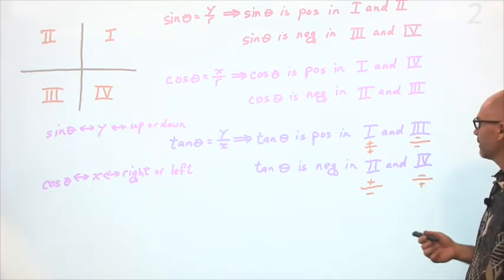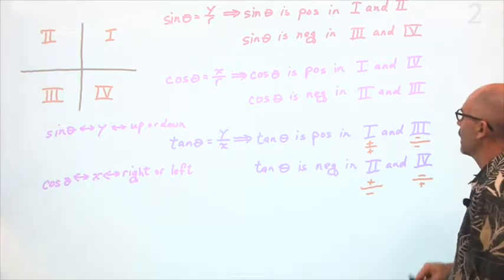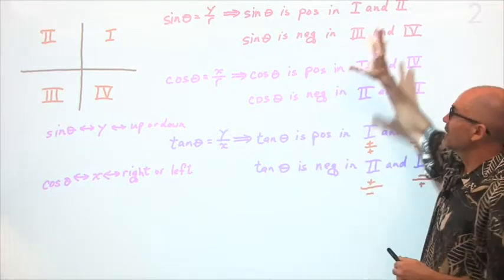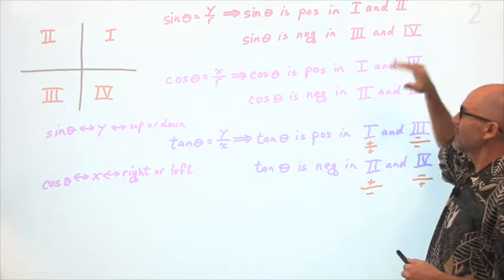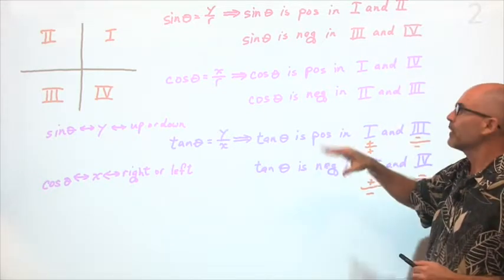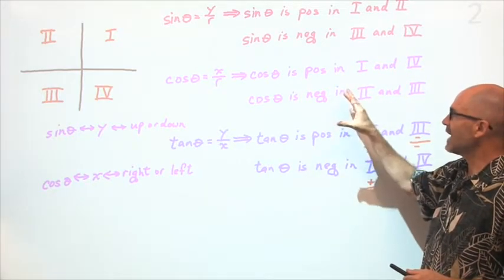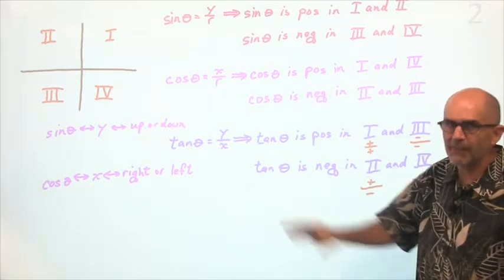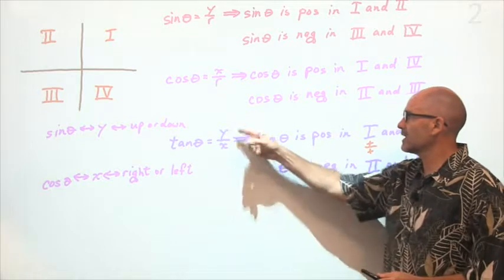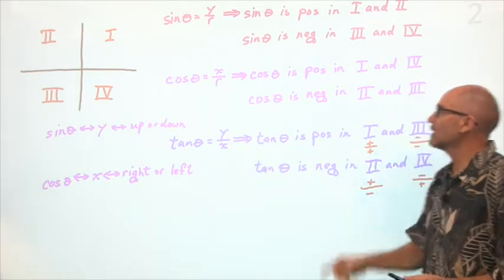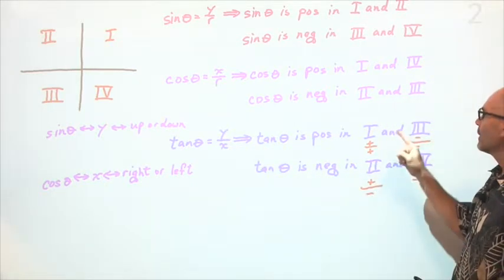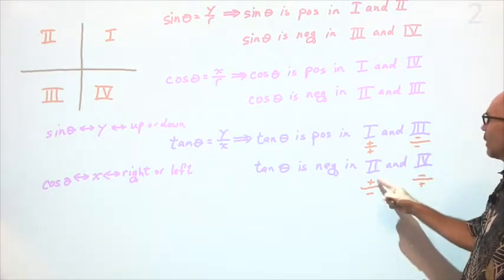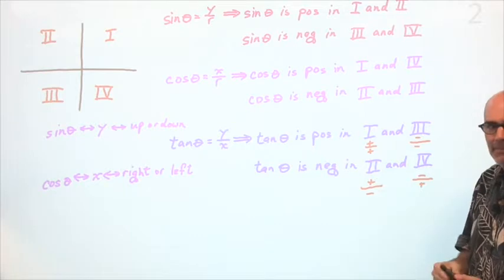Okay, so remember, the sine function is linked to y, so sine's positive up, negative down. Cosine is linked to x, so cosine is positive right, negative left, and tangent is linked to both x and y, so it's positive where x and y are the same sign, and it's negative where x and y are opposite signs.